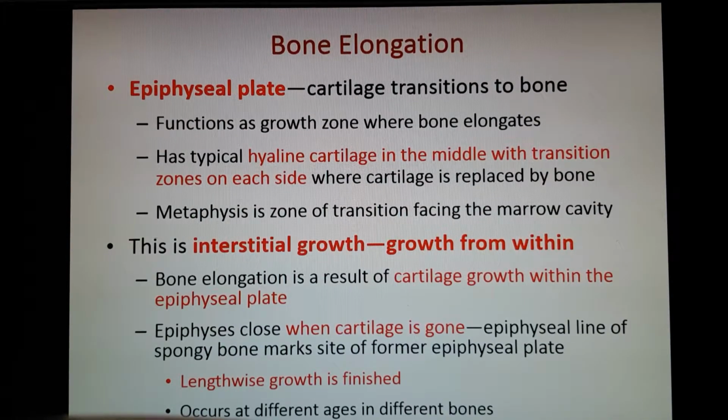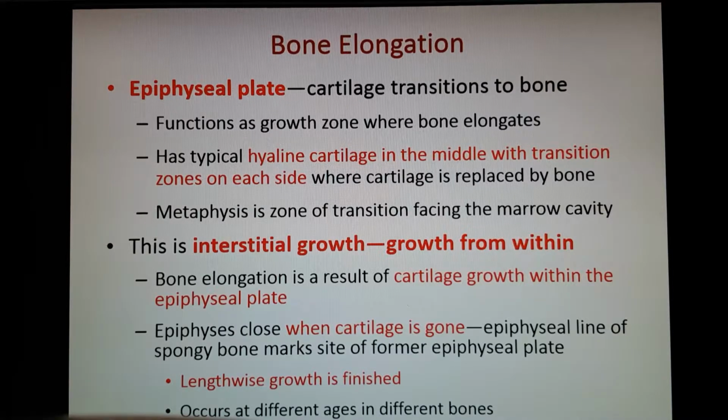So once your kid is born, of course your kid's going to get taller and larger. This is again done at the epiphyseal plate, your growth plate. That growth plate has the hyaline cartilage in the middle, and on the outside are your transitional zones that transition from cartilage into fully being replaced by bone.